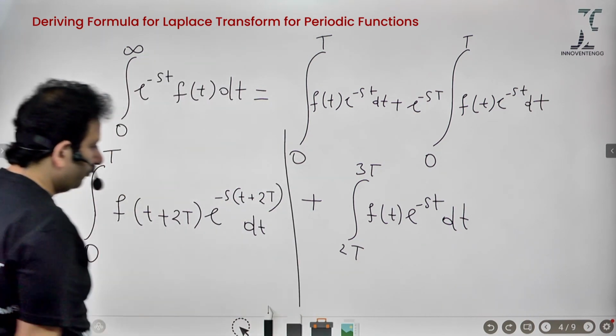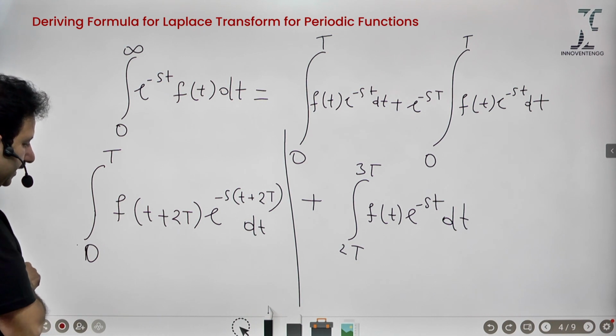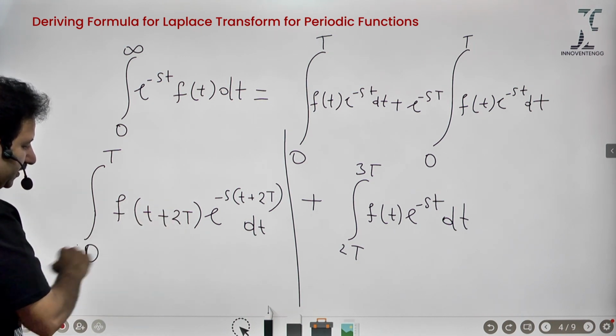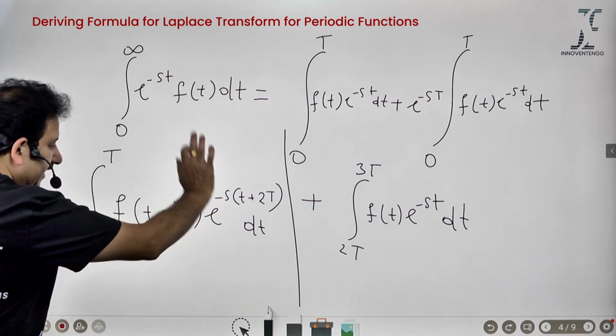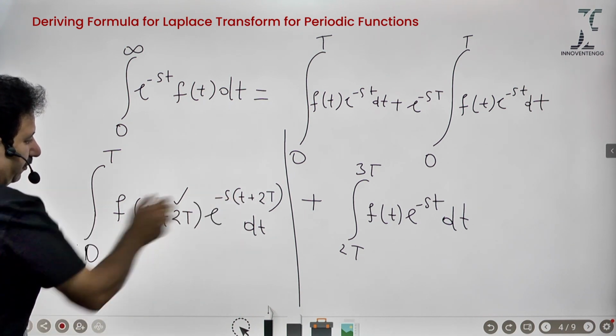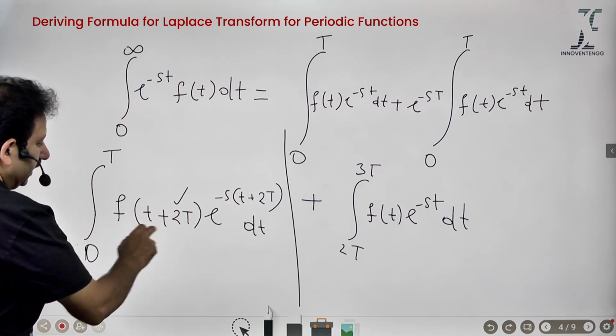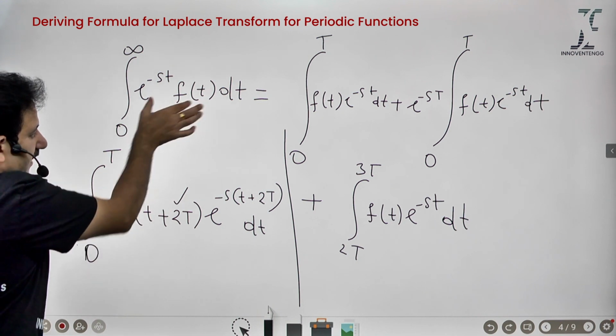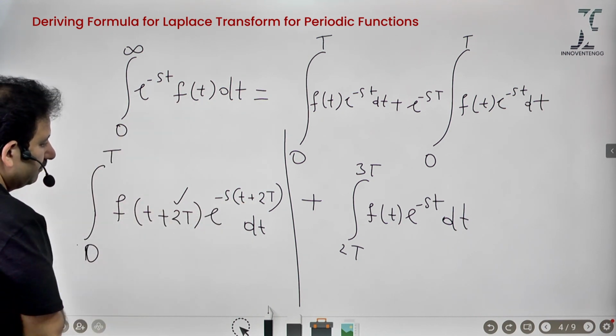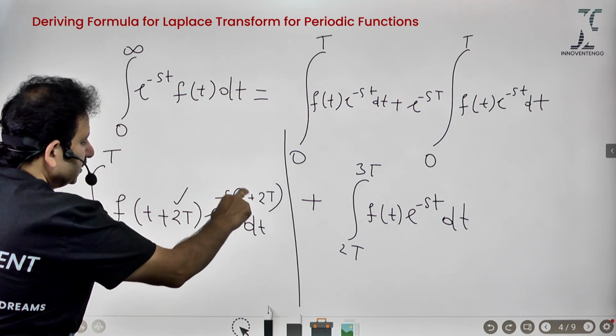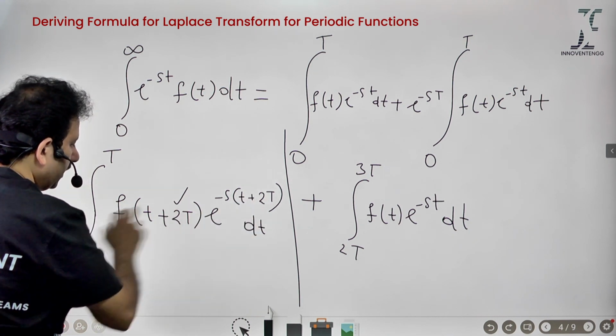So what happens? This is of course f of t, because it's a periodic function. You are adding 2 periods. What happens to this? In order to retain the same integrand, we will have to take e power minus 2sT outside.